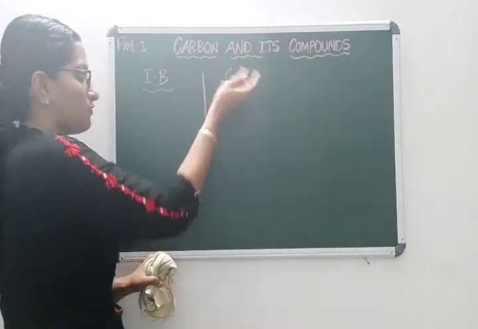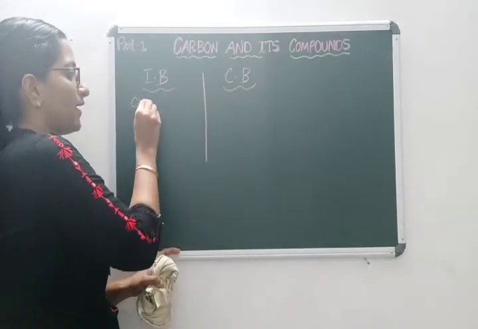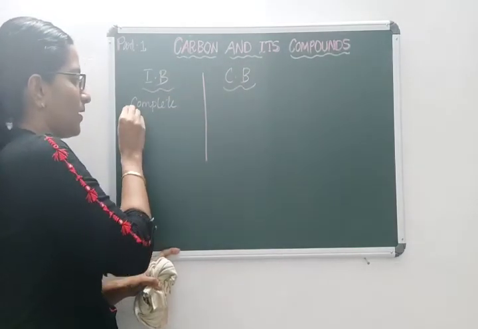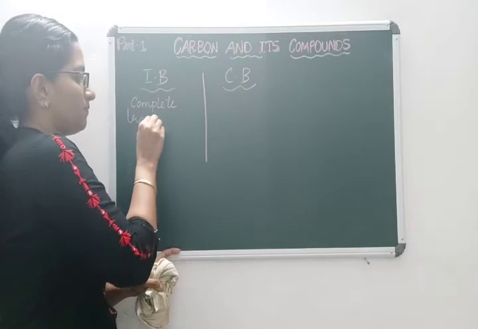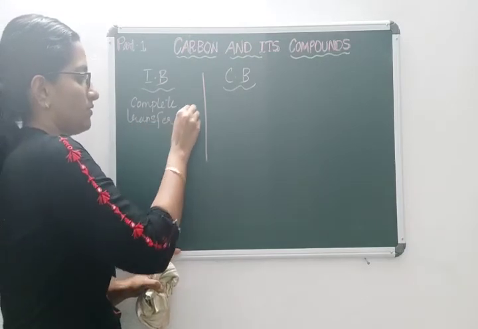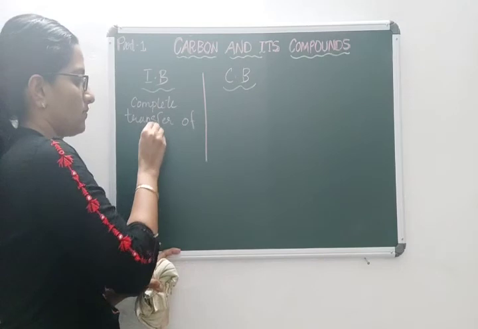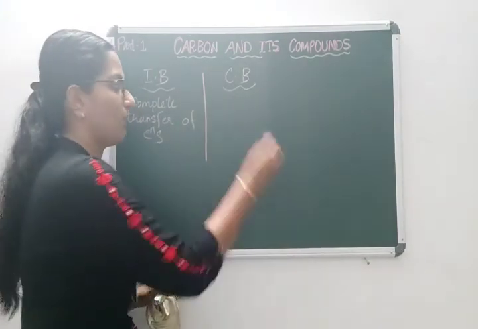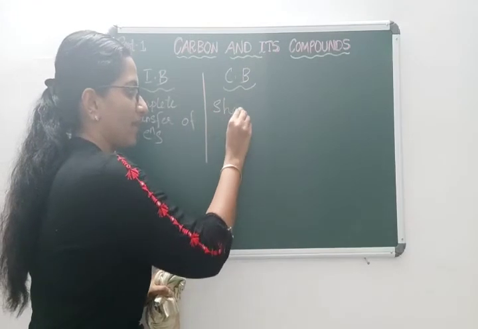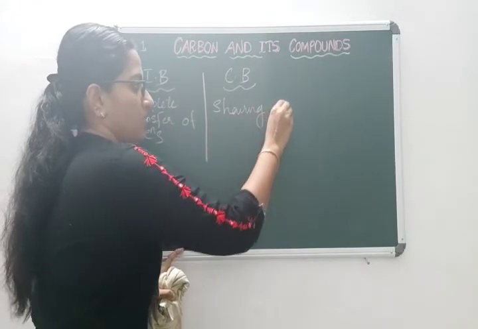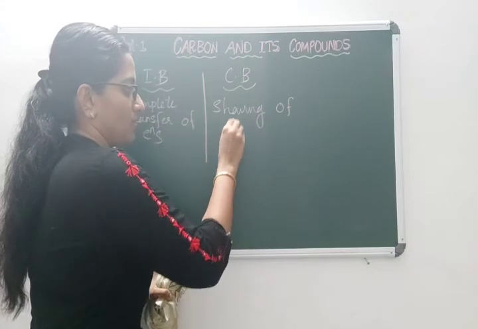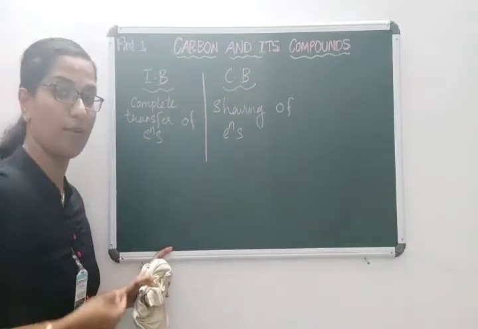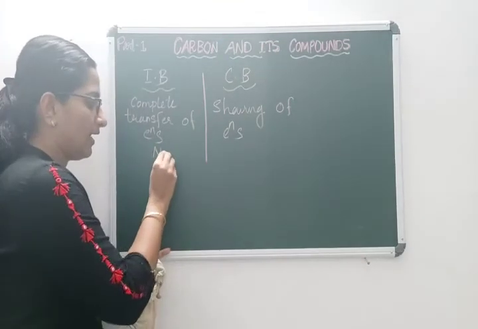An ionic bond is formed by the complete transfer of electrons. But what about a covalent bond? A covalent bond is formed by the sharing of electrons.